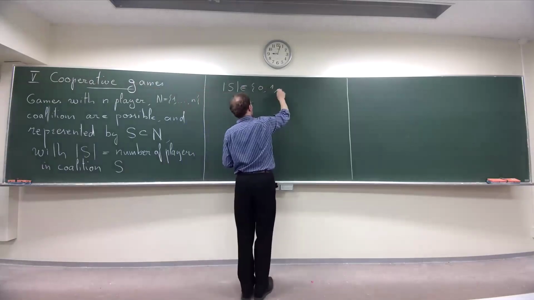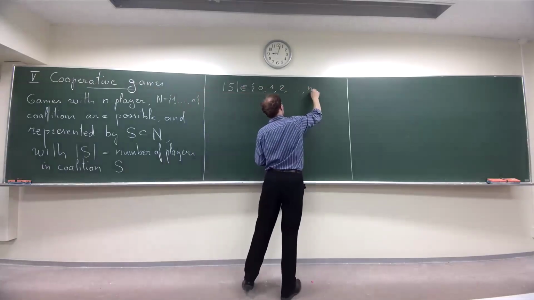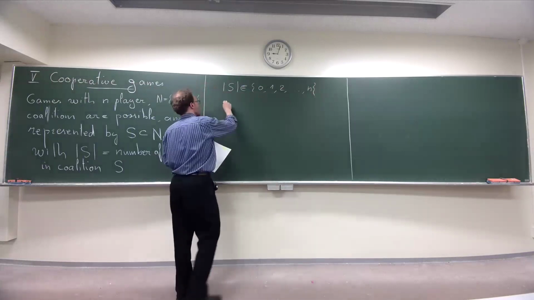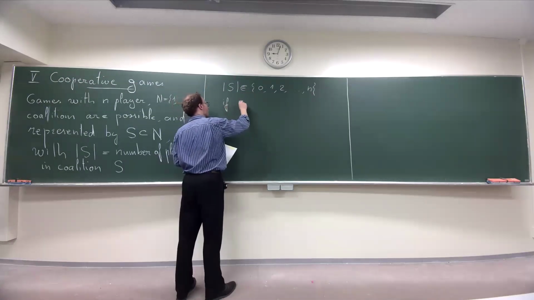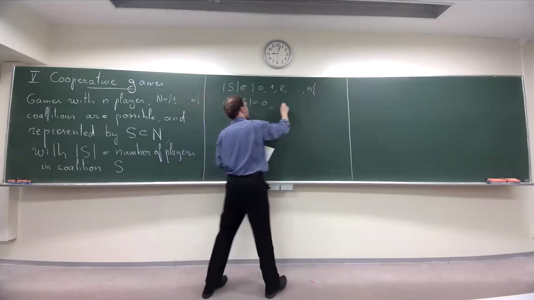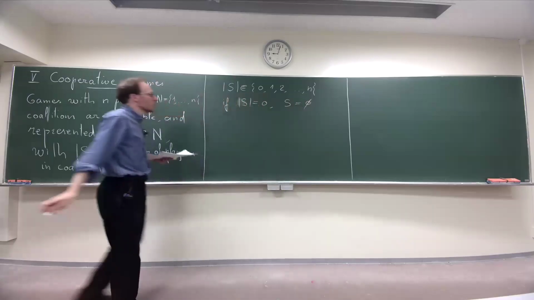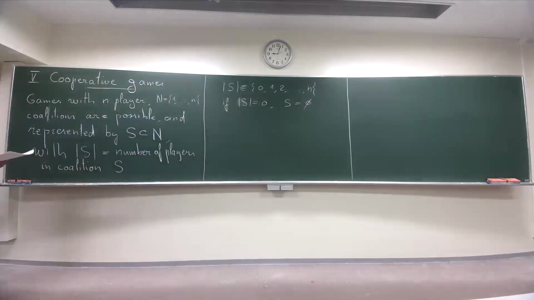I will explain. 1, 2, and we can have up to n players in one coalition. And if this number is 0, it means that S is the empty set. If you have nobody in a group, the number of players in this group is 0.